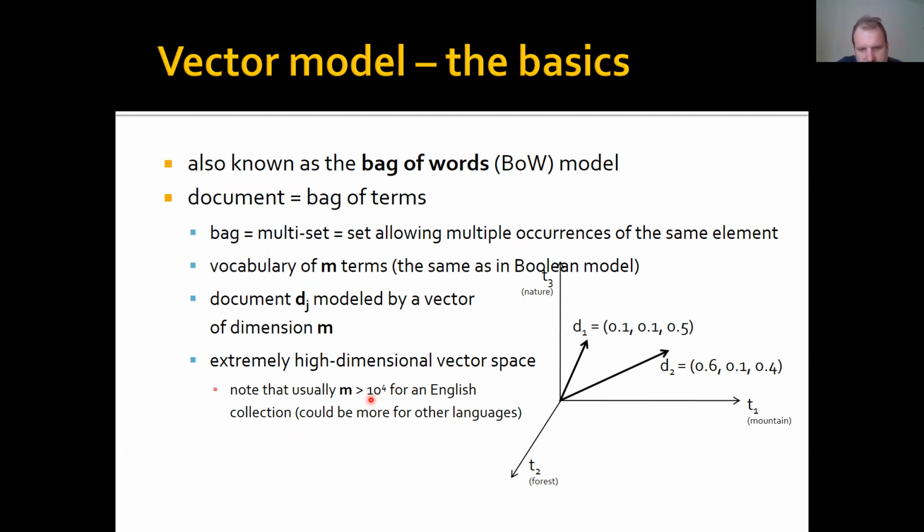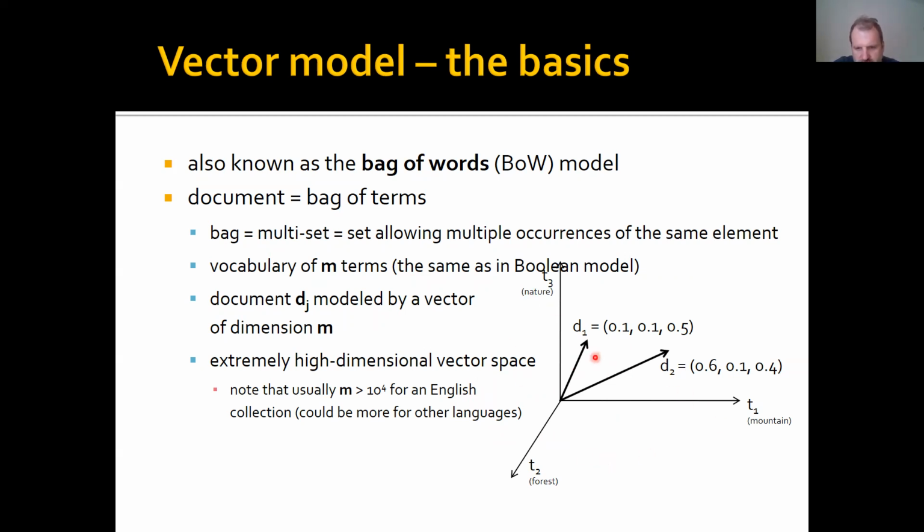So for every term in the vocabulary, we have one dimension. For some average English collection, we could reach up to 10,000 or more terms in the vocabulary. It could be more. For Czech, for example, it will be more because there are more forms of the word. Depends on how the lemmatization works, of course.